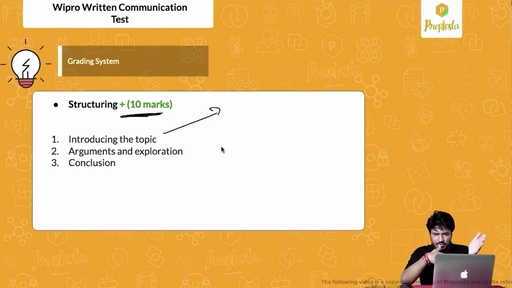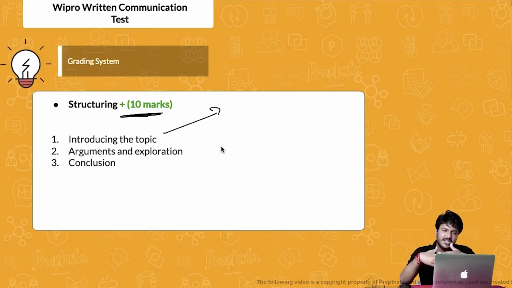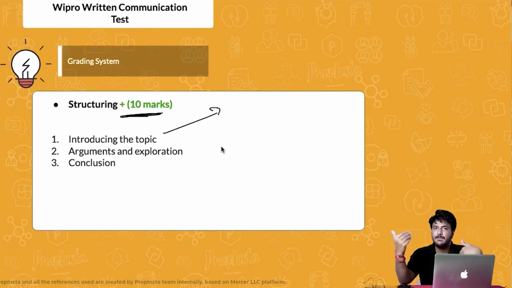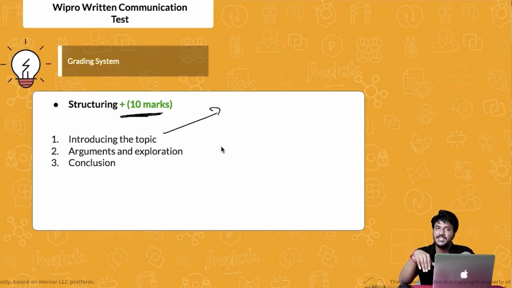So you start introducing the topic, and then in the next body section, that is arguments and exploration, you say, however, social media. So first you introduce what social media is, all of that, and then you say, okay, but social media is being abused right now. Rather than connecting people, it is being used to bully people. It is being used to post negative comments. It is being used to spread fake news.